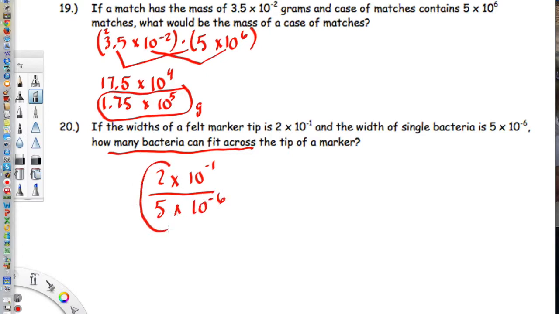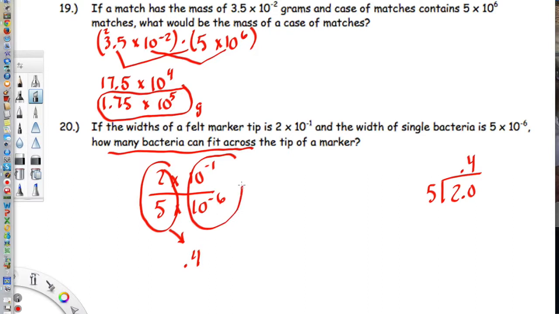Okay, I'm going to take 2 divided by 5. 5 will not go into 2, but it will go into 24 times, so that's going to be 0.4.